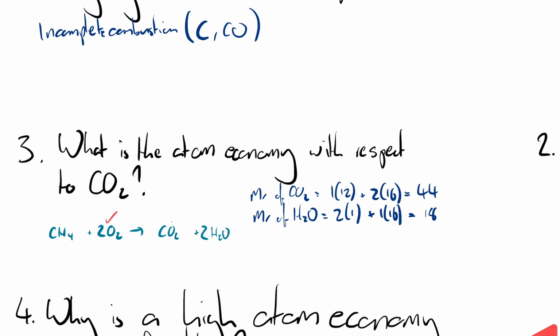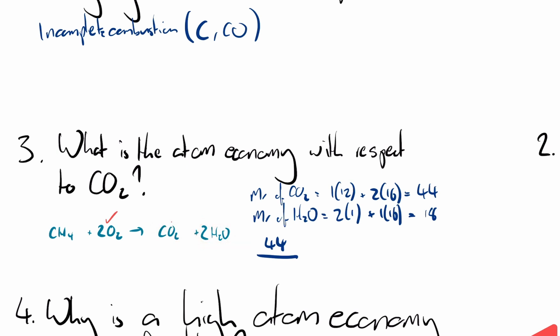So now when I do my atom economy, my desired product is just the carbon dioxide, so 44, divided by my total mass of products. So there we have the 44, and we've also got 2 lots of the 18.